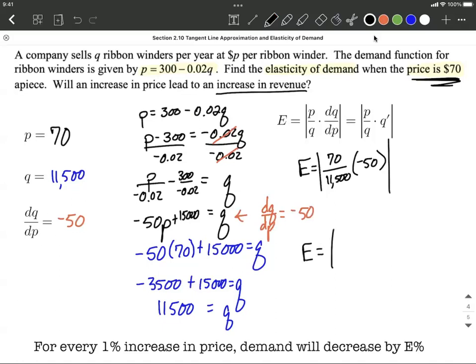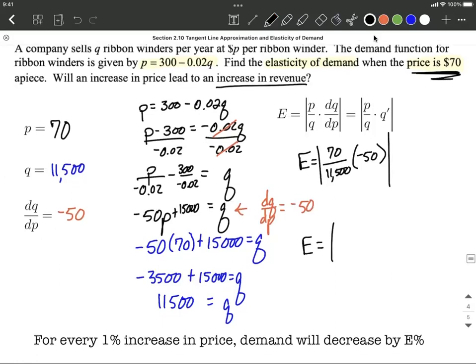And this works out to be negative 3,500 over 11,500, which is approximately 0.3, and then it goes on, 0.43478, and keeps going. And we did make it positive as we dropped the absolute value signs.